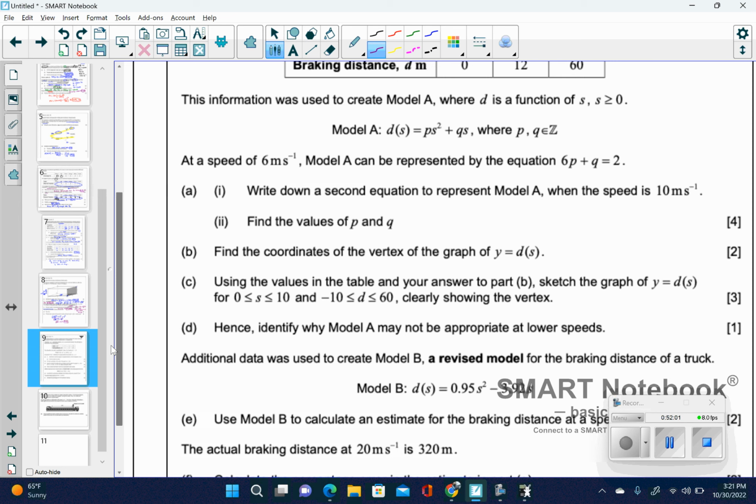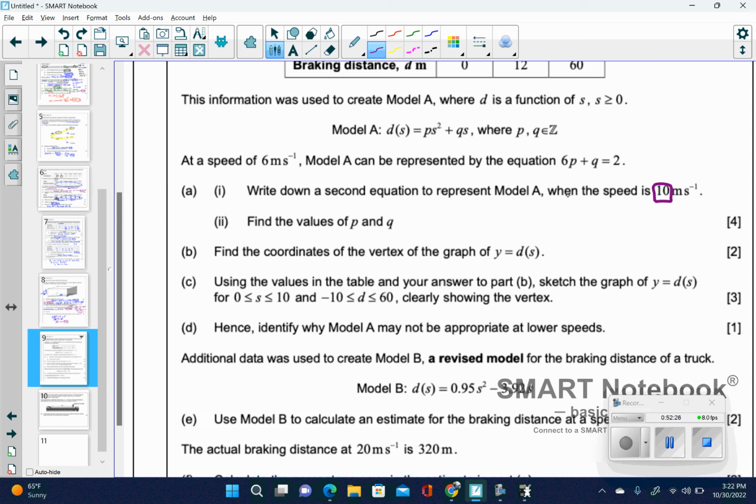Model A is telling us that the distance is equal to P, some random number P, times S squared plus Q times S. Eventually, in part A2, we're going to find out what P and Q are. But all we need to do for this first part is find D of 10, so the speed is 10.